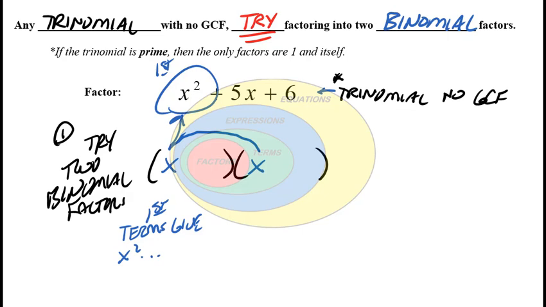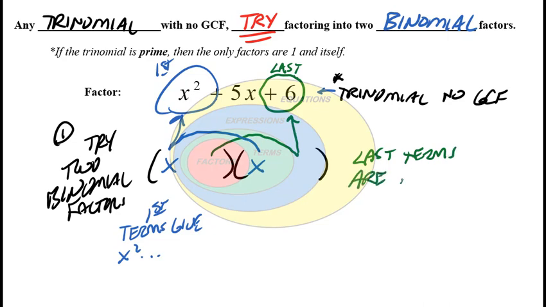So the next place I'm going to look is the last term. I know the last term has to come from multiplying the last two terms of my binomial. So the last terms in the binomial have to be factors of 6. So when I multiply the two numbers, I have to get 6.